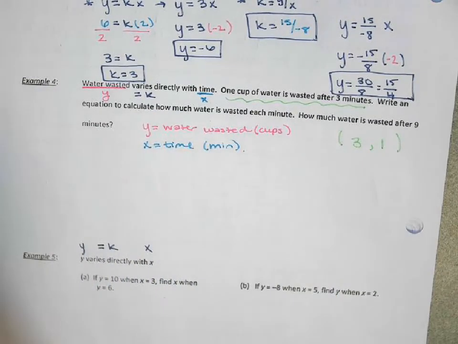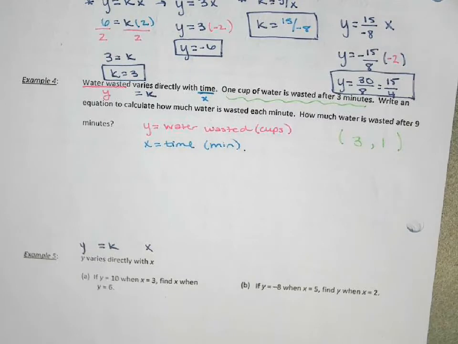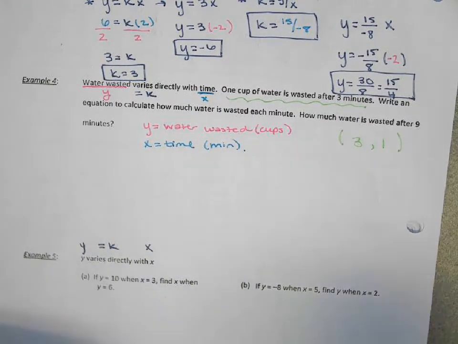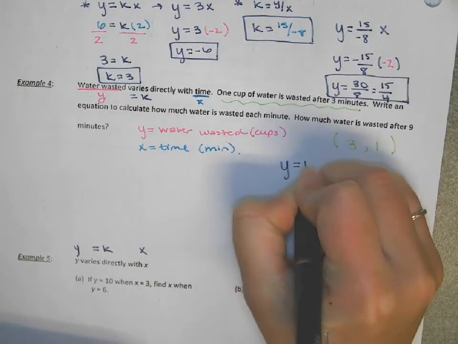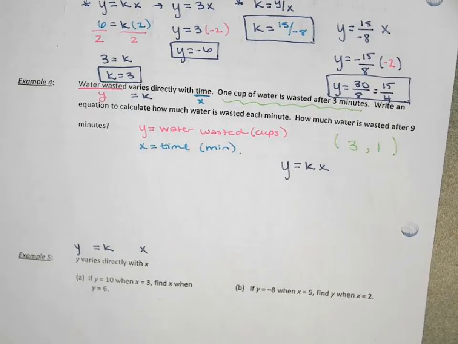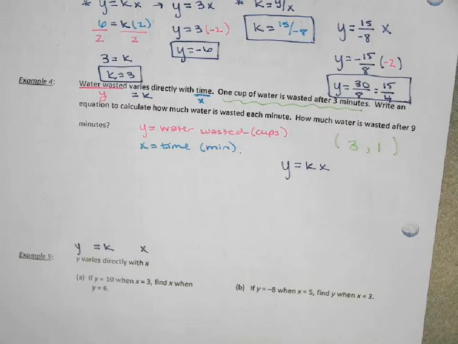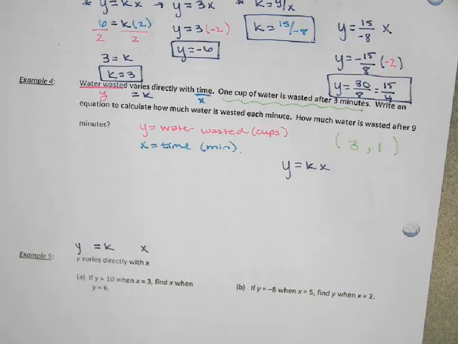So all we're going to do is we have this point. We know it's direct variation, so we have to write the equation in the form of y equals kx. Well, we have to find our k value. Now, I've shown you 2 ways to find the k value. And you can choose at this point which way you want to use. So we can either fill it in your equation and solve for k and rewrite it, or you can use the k formula I told you.